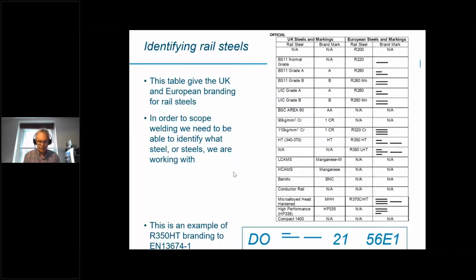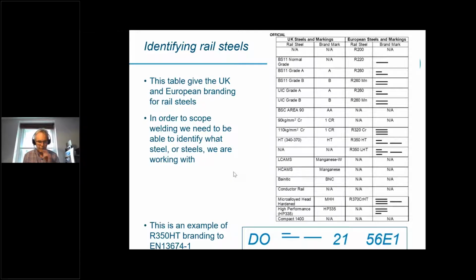Below the table is an example of R350HT branding in accordance with the EN standard. So DO is Donawitz, which is the rolling mill in Austria. The manufacturer is Voestalpine, and the bars to the right are R350HT, and 21 is the rolling year, and the rail section is 56E1.